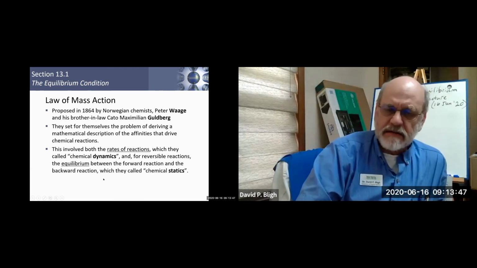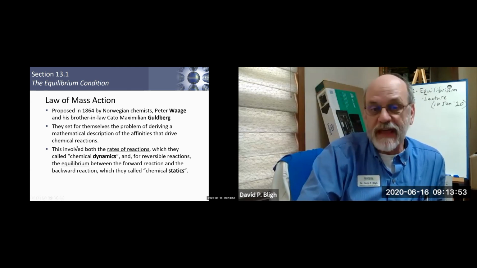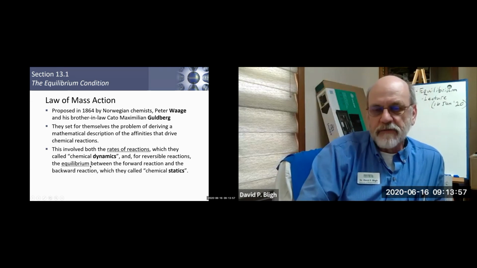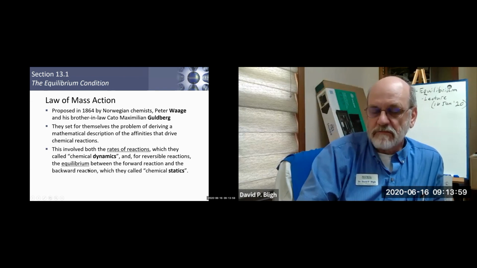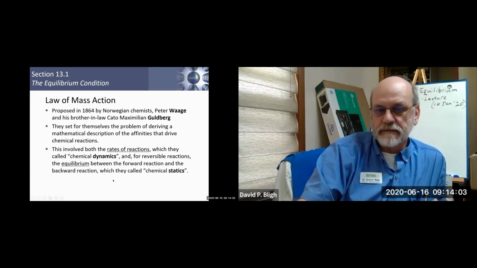They divided studies of chemical reactions into two categories. Either the rates of reactions, which we now call kinetics, they called chemical dynamics. And for reactions that can reverse, they called those statics.